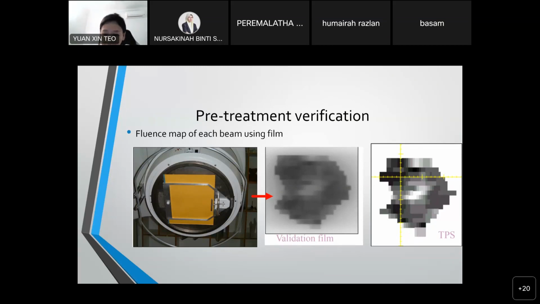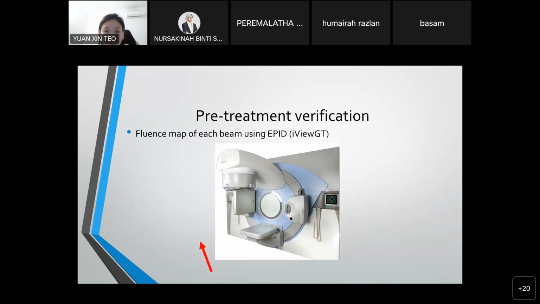So this is an example, fluence map of each beam using iMatriXX. This is how we do it in my hospital. We have an EPID, this is called iView GT for Elekta machines. It is a megavoltage imager.